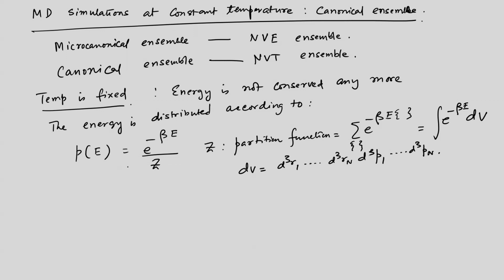So this is how the energy is distributed at a given temperature T, where beta is called the inverse temperature and is defined as 1 over kT. K is the Boltzmann constant. So you see that this makes it dimensionless. The E is the sum of potential and kinetic energies.